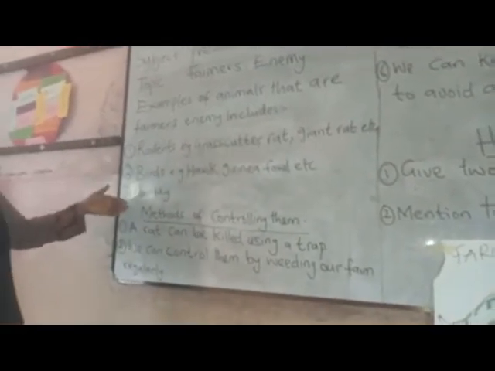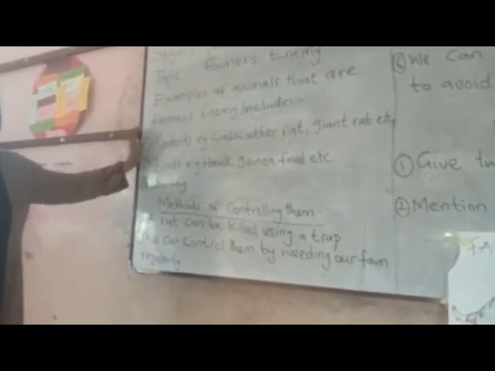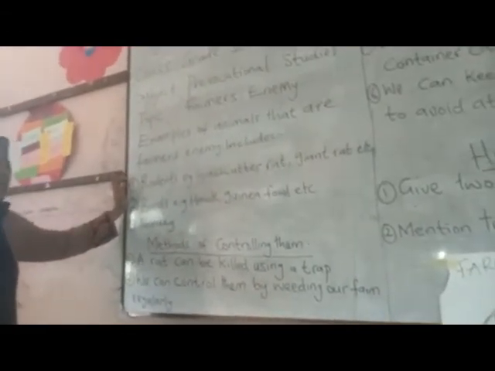Now, we also talked about methods of controlling these enemies. How do we fight them back? Nima, tell us one way we can fight this farmer's enemy. Yes, a rat can be killed using a trap. Thank you. Sit down.